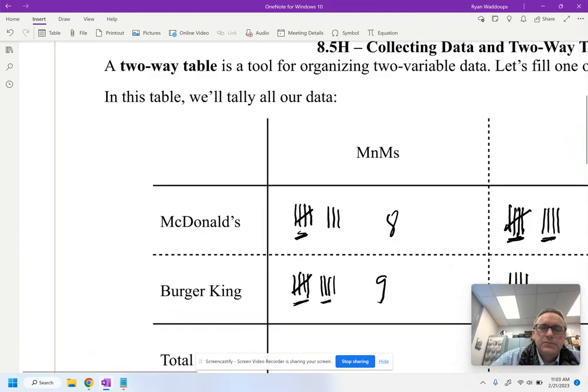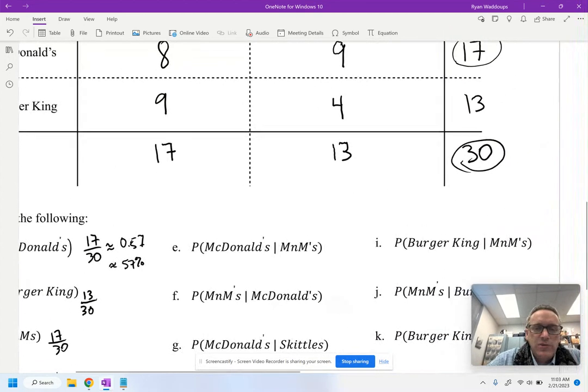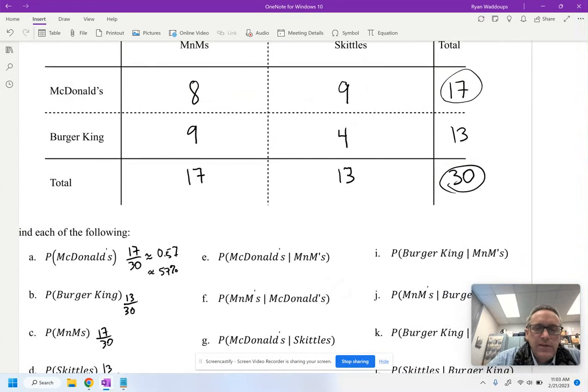The probability of McDonald's, given that they chose M&M's, so we go for the McDonald's and M&M's. McDonald's and M&M's is 8, out of those that just chose M&M's, and that would be out of 17.